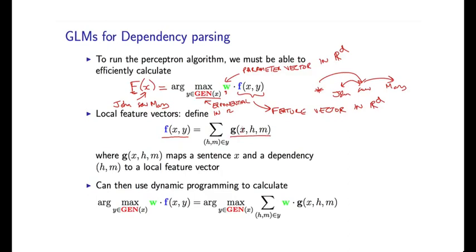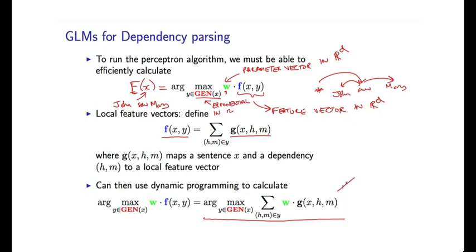Each of these feature vectors takes a sentence and looks at just a single dependency within the structure y and returns a feature vector. So this problem is reduced to finding the highest scoring structure in Gen, where the score of any structure is the sum of terms, one for each of the dependencies.